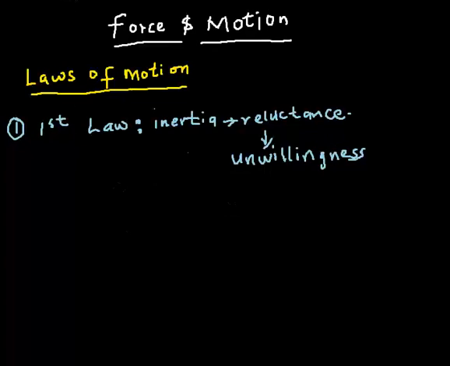What this simply means is that if a body is already in motion, let's take for example a car moving at a very high speed. When you apply the brake to stop this car at a particular point, the car cannot actually stop there. Why? Because there is a kind of reluctance that will cause the car to travel some distance before it actually stops.